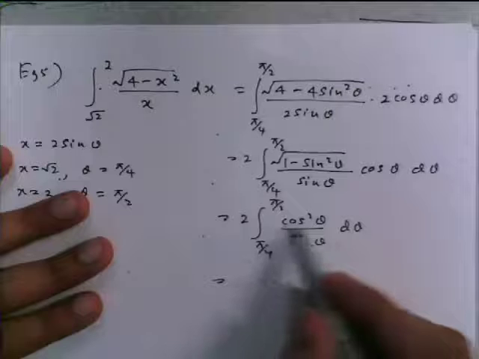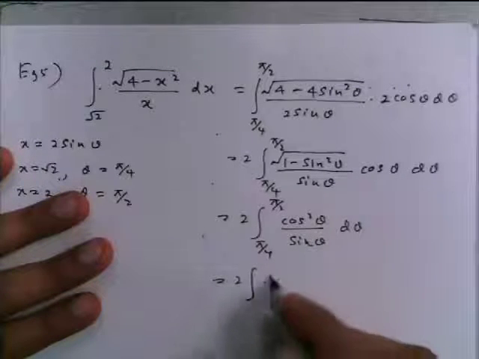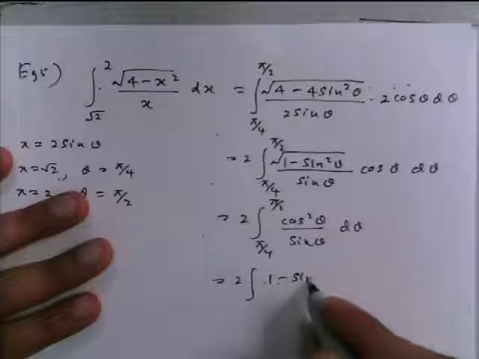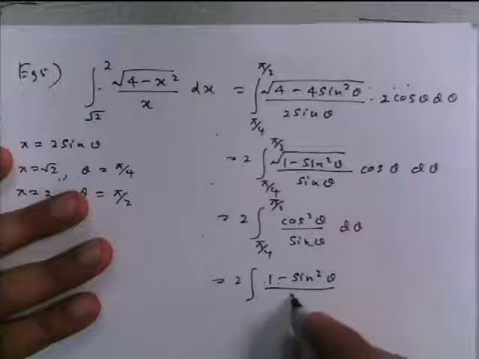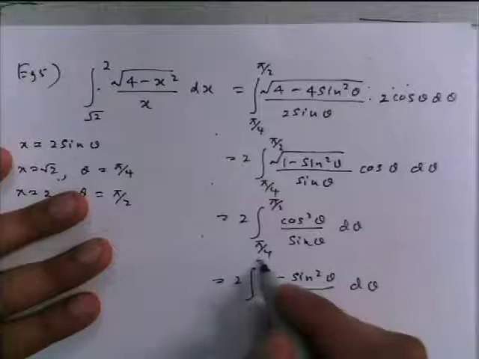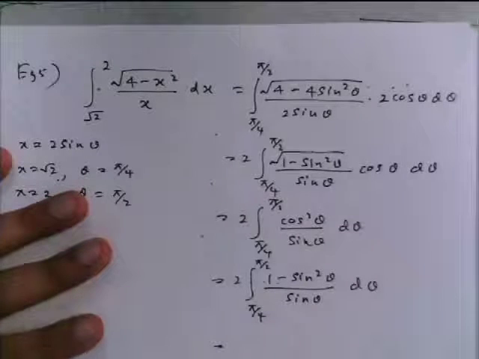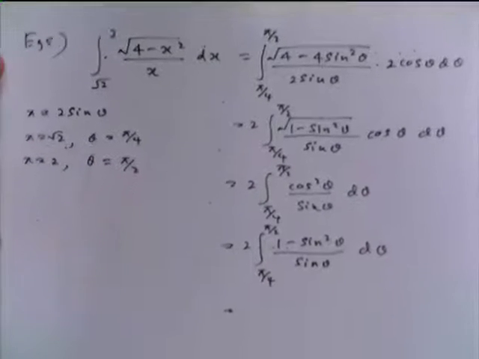What about you write this cosine squared as 1 minus sine squared theta? Is that right? Now you can break it.